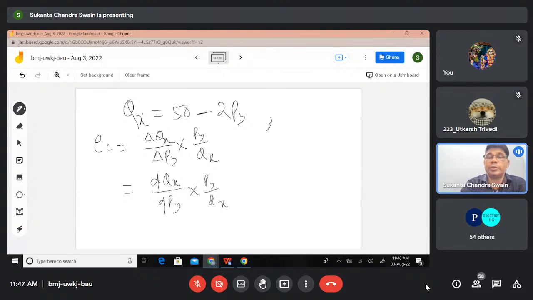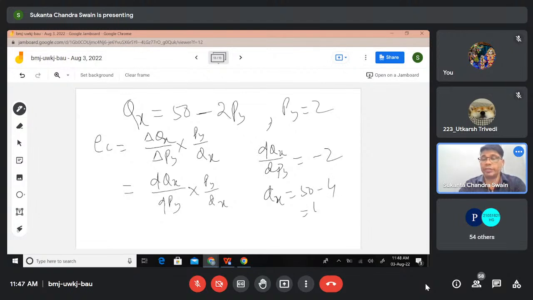Suppose Py is given as 2. Then we'll first find dQx by dPy, which is equal to minus 2. Py is given 2, so Qx is equal to 50 minus 4, that is 2 into 2, 4, equal to 46.